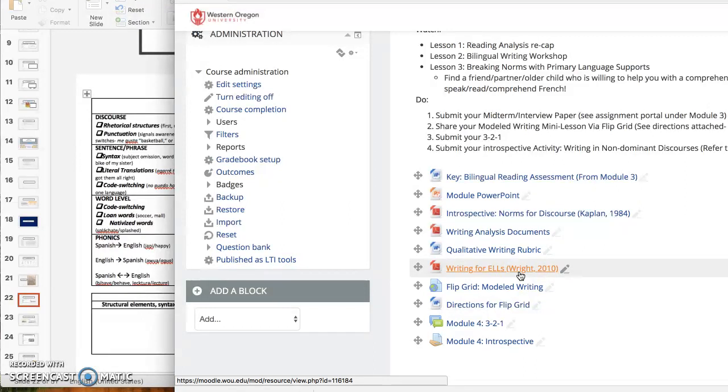So how are we going to teach these 2 to 4 teaching points that we just identified in our analysis? I want you to choose modeled writing and design a little mini lesson that you're going to deliver to us as best as you possibly can using Flipgrid, so that you can get practice teaching in an interactive format.